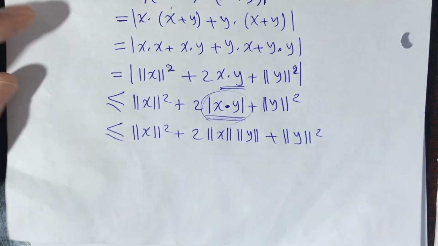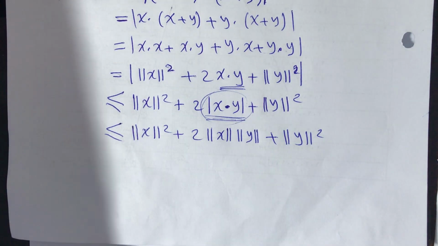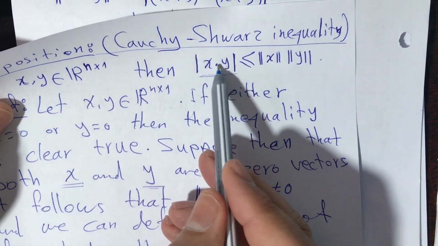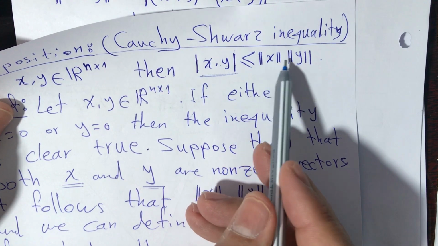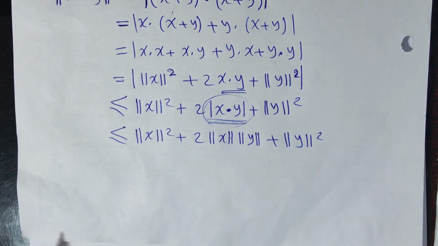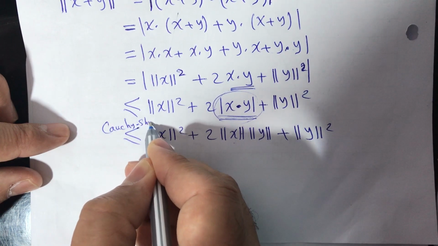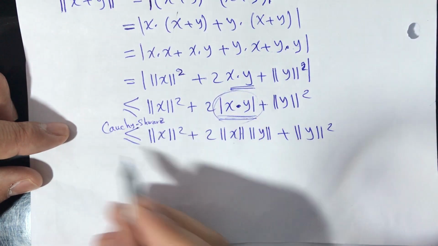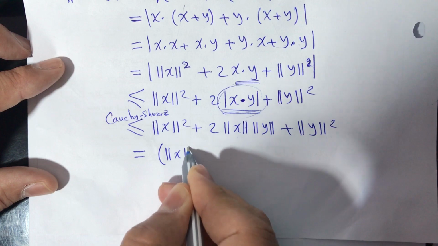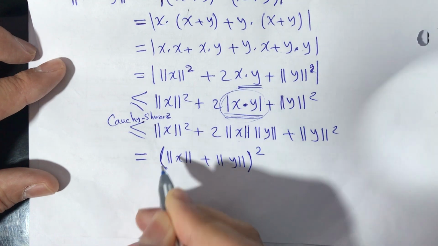This is by Cauchy-Schwarz, which says the absolute value of x dot y is less than or equal to the norm of x times the norm of y. So we use it here. And this comes back to the norm of x plus the norm of y, all squared.